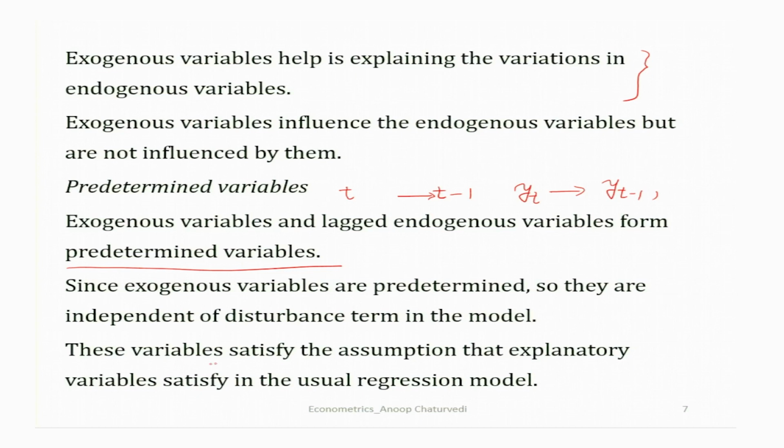So, these variables satisfy the assumption that explanatory variables satisfy in the usual regression model. In the usual regression model, we assume that the explanatory variables are determined from outside the model. So, these variables are independent of the disturbance term. So, the same assumption is satisfied by the exogenous variables.